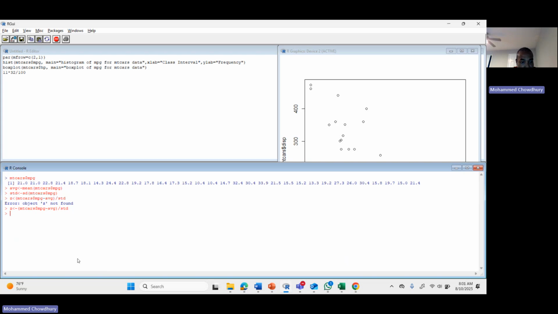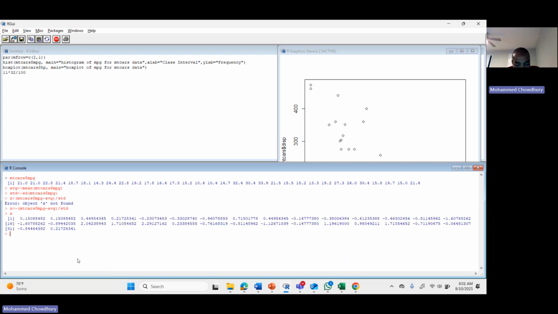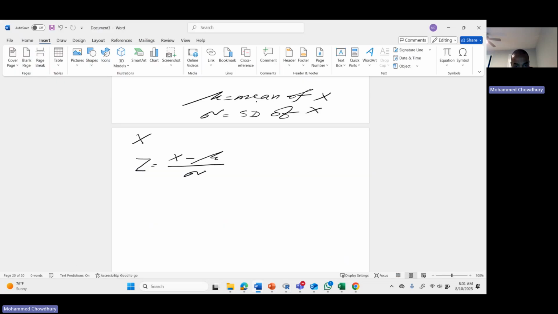This is my Z. Z means if you subtract the mean of X and divide by the standard deviation of X, then you will get this. This is called the Z score.